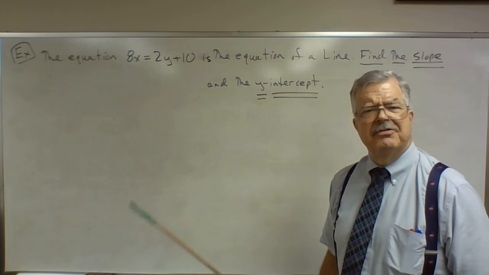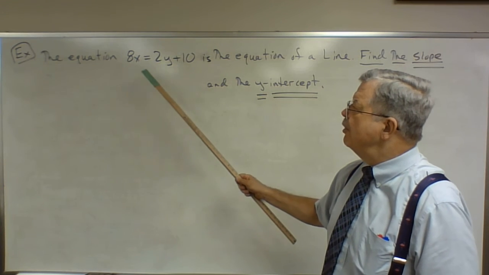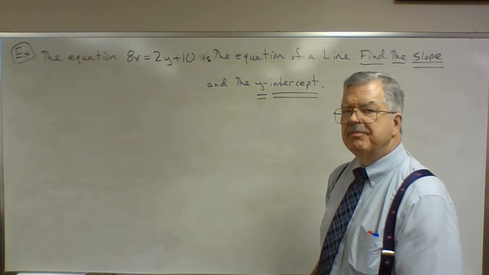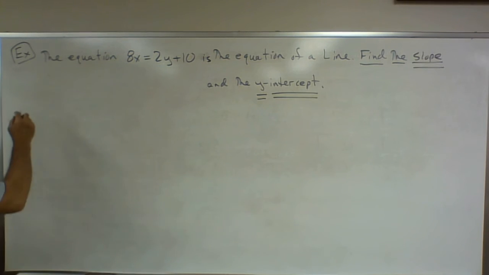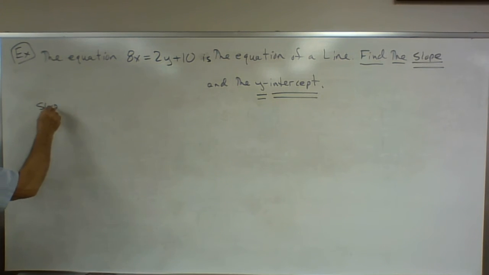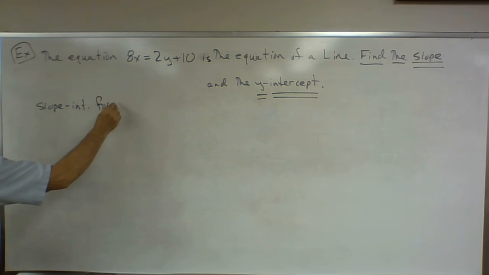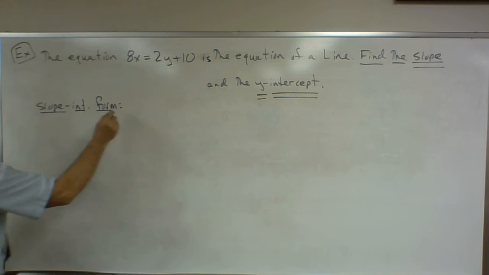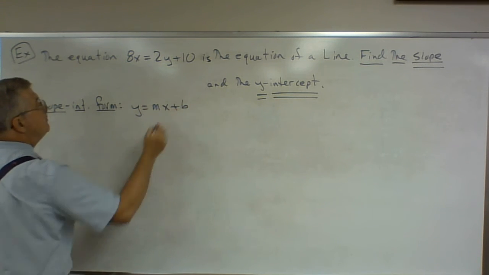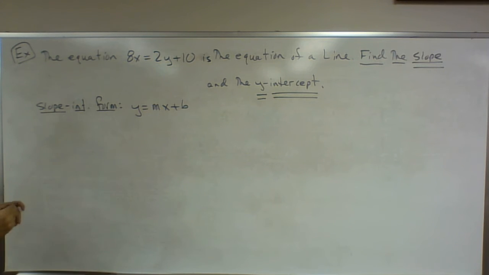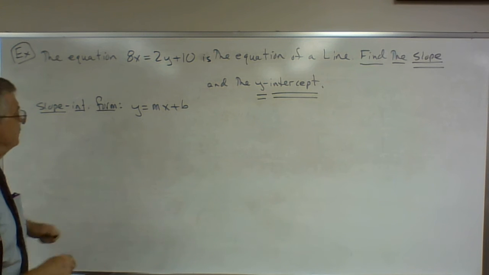Well, the first thing that we recognize about this is that it's not in slope-intercept form. That's y equals mx plus b. This is not in that form at all.